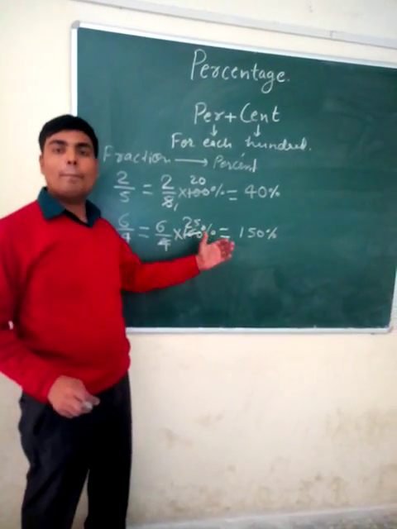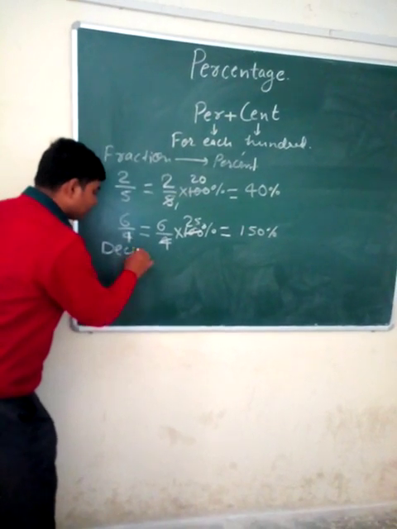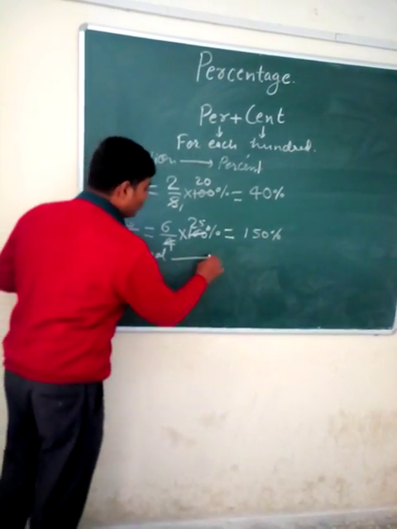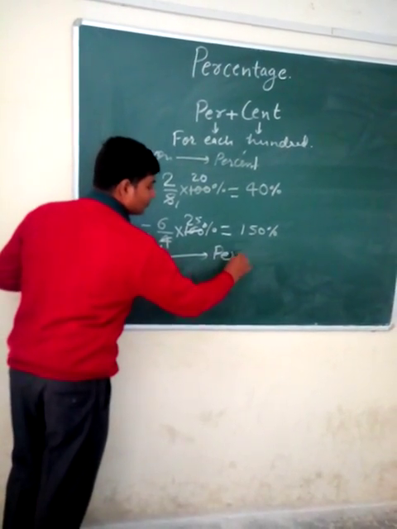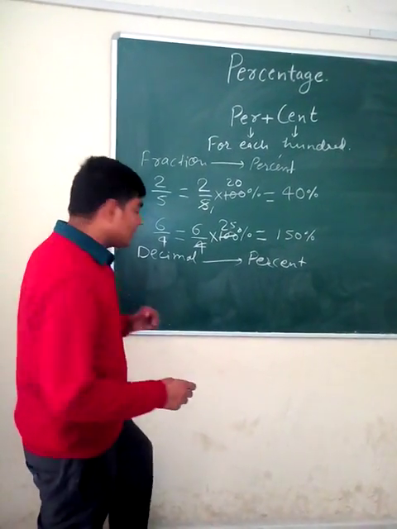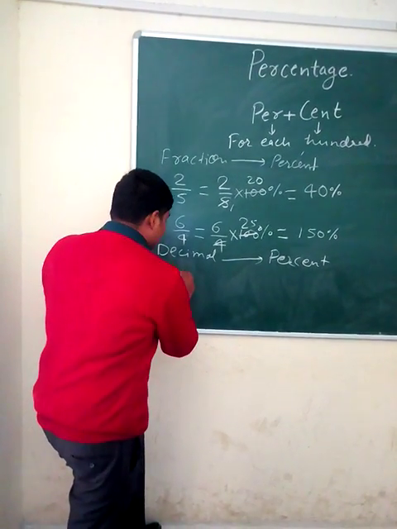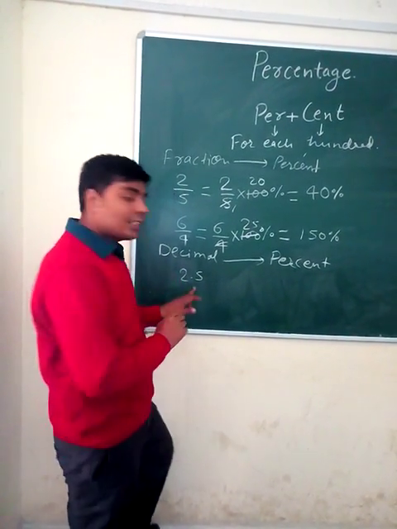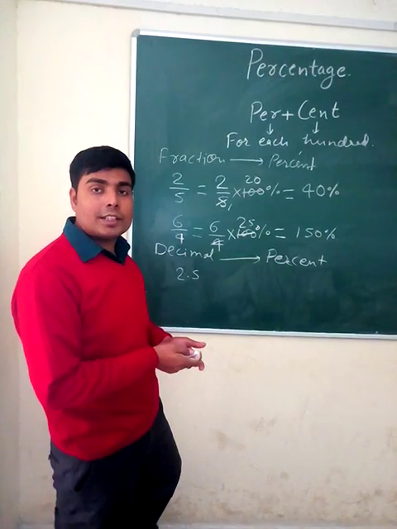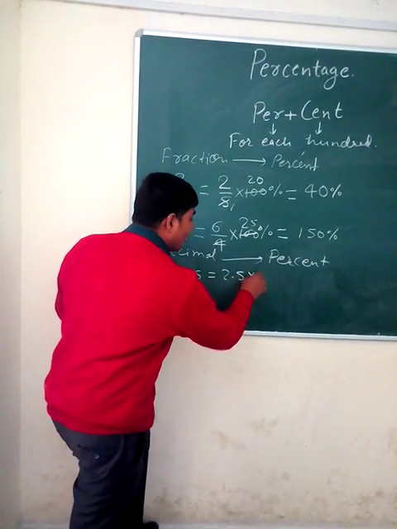fraction into percentage. Now the case is decimal into percent. Students, to convert decimal to percent, you just multiply by 100 again. So if there is written 2.5, this is the decimal, and if you have to convert it into percent, you just multiply it by 100.